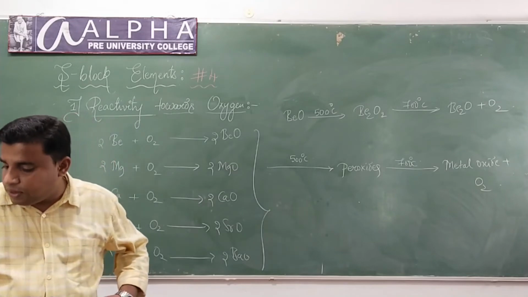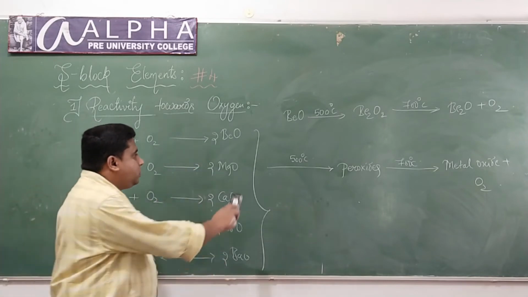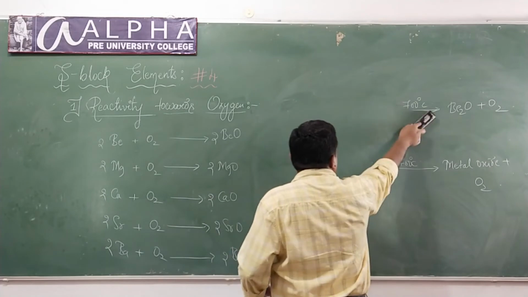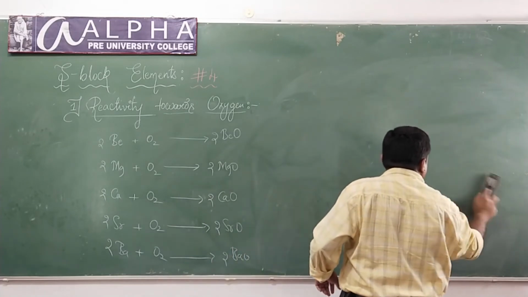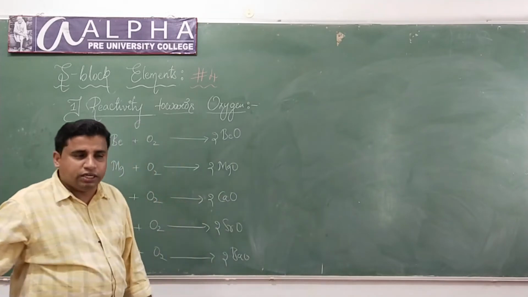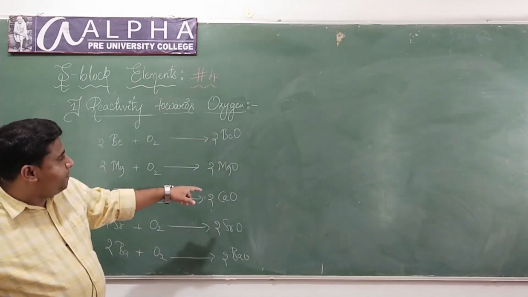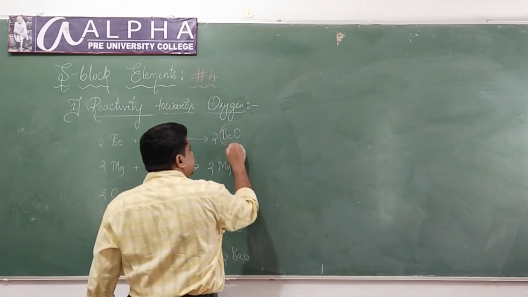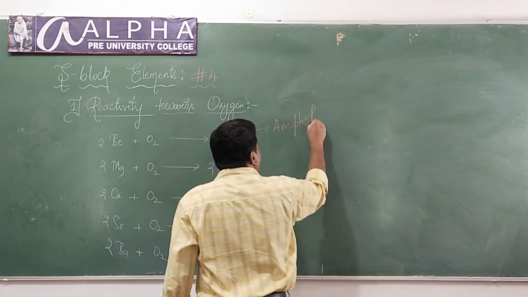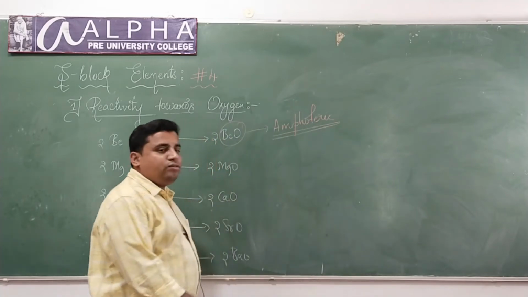Now see, all these oxides that we have are again basic in nature, except beryllium oxide, which is amphoteric in nature.